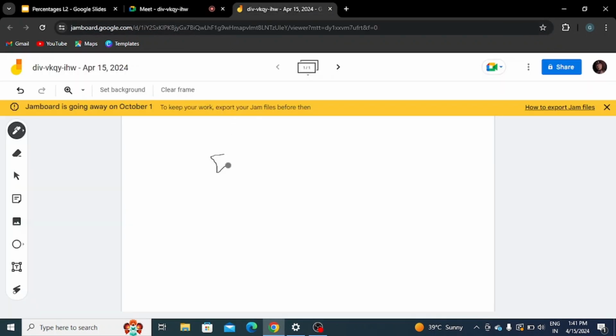Now 5 by 15 into 100. Right. So now I can easily simplify this. 5 ones are 5 and 5 threes are 15. 1 by 3 into 100.